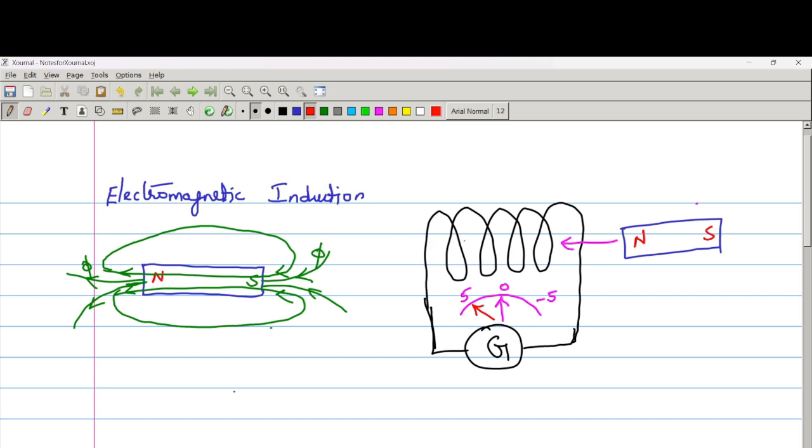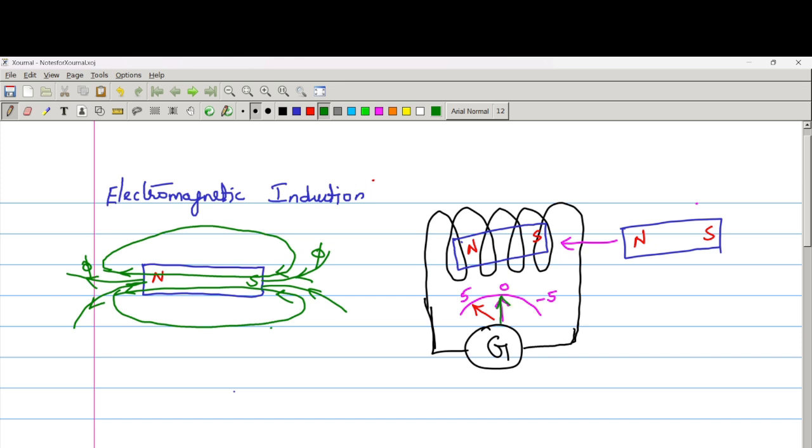Now the same magnet I am keeping inside, with the north pole here and south pole here. So the flux line will pass on this. As we keep it in the same place without any movement, we can see the galvanometer deflection will be in the zero position only.